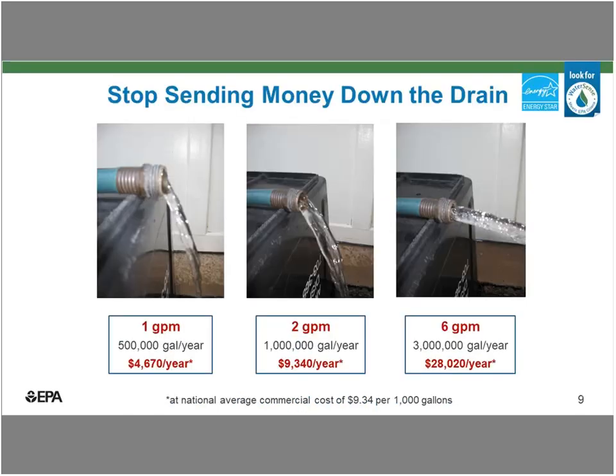So the other thing is that if you have continuously running water within a system or a piece of equipment, the water is flowing continuously, and it adds up really fast. So the one on the left side of the screen is basically just a trickle out of a water hose, and that actually adds up to almost $5,000 a year in water costs.